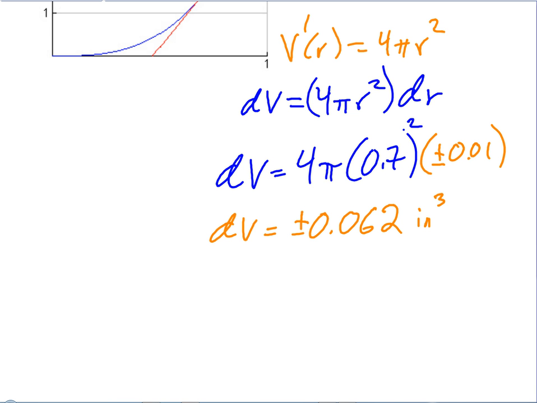Plus or minus 1 inch, that's a lot of error. But if I'm measuring the circumference of the Earth, well, shoot, that's probably pretty good, right? So the difference here is in the comparison to the value of, in this case, V, right? So this number by itself is pretty meaningless. But if I could somehow compare that to the actual volume calculation, then we could tell if we're on track or not, right?